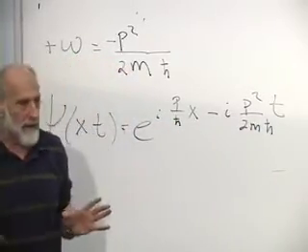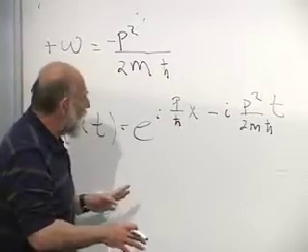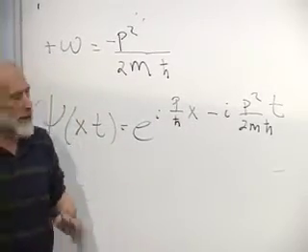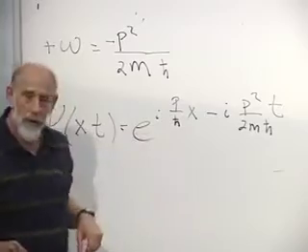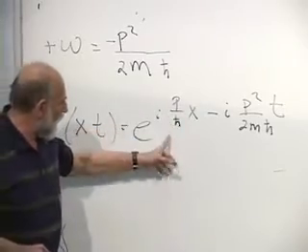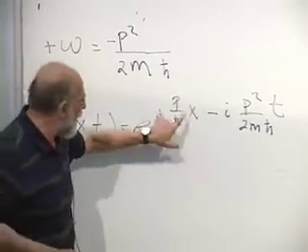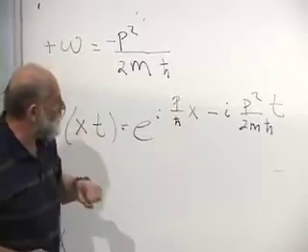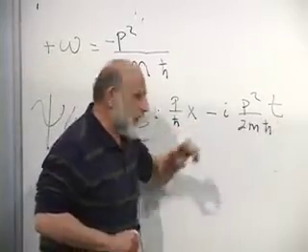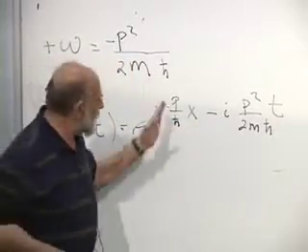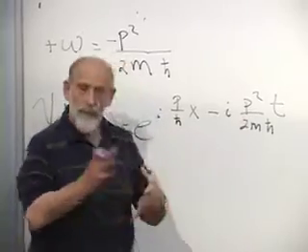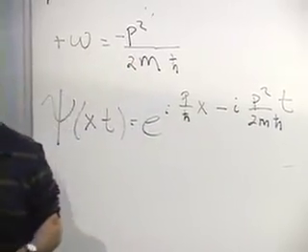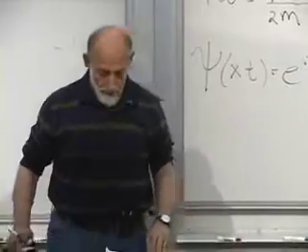Once you know that, you can set h bar to 1 and recover it later by sticking it back into the equations. x over h bar and t over h bar are the only ways in which Planck's constant enters into this wave function. So every time you see x and every time you see t, put an h bar in the denominator and that will recover for you the factors of Planck's constant.